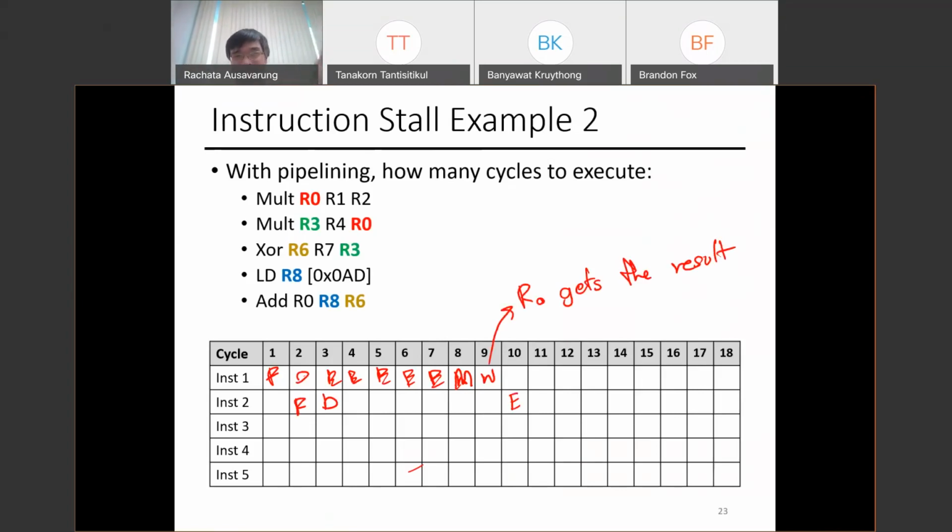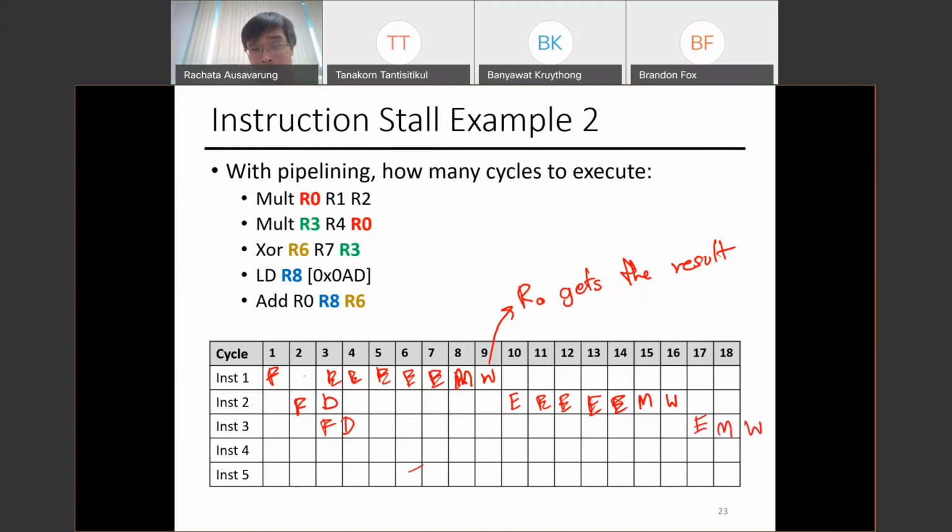That's when R0 got the correct results, and that's when you can execute, because that's when you have the correct version of R0. So you're going to execute, memory, write back. Instruction 3, when can I start? I can fetch here, yes. I can decode here, and then I'm going to execute here, memory and write back.